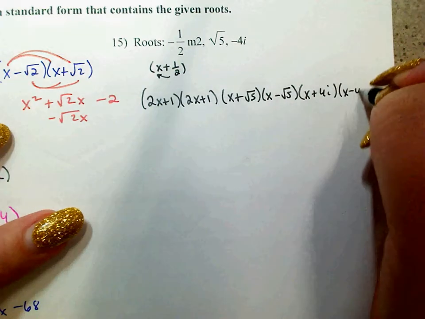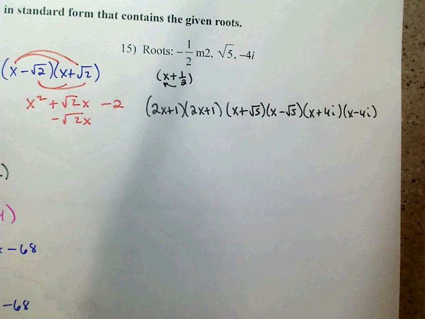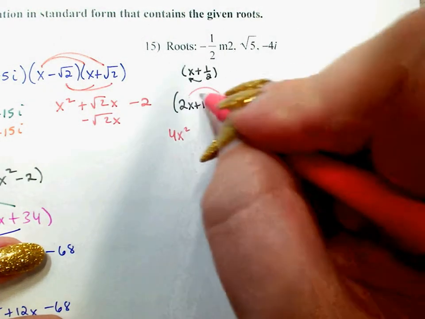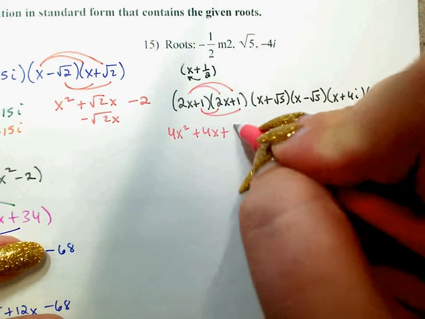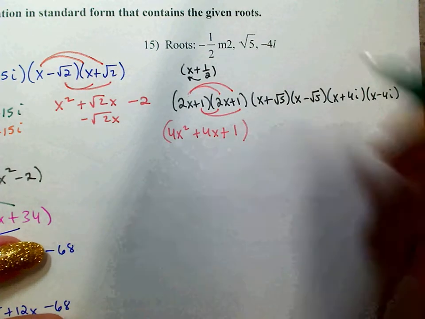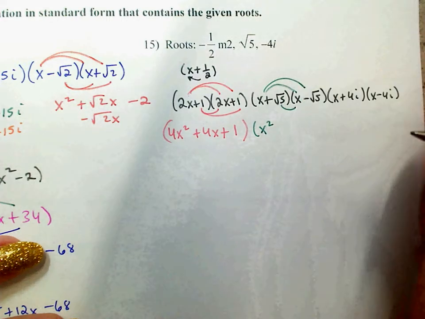So I'm going to multiply them out individually. This is 4x squared plus 2x is plus 4x, and then plus 1 is 1. So that's the first one. X times x is x squared. This term and this term will automatically simplify each other out, so I'm not going to bother.